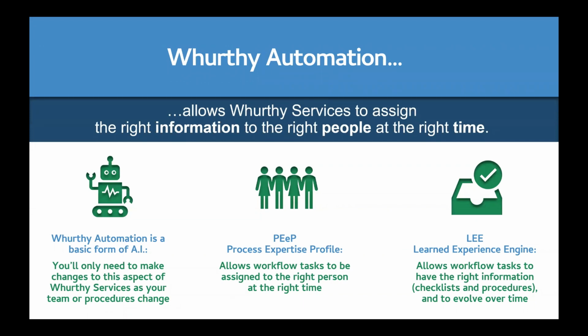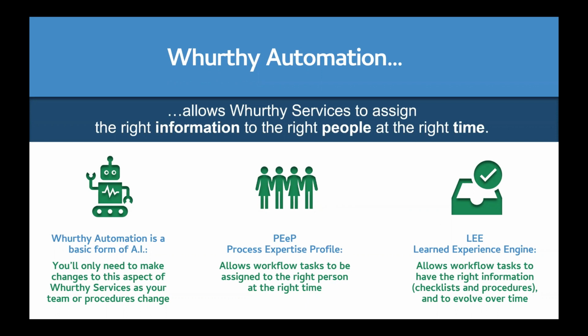The design intention is that, for the most part, you won't need to make any changes. However, you will need to make changes to this aspect of Whurthy services as your team, your people, or your procedures change.